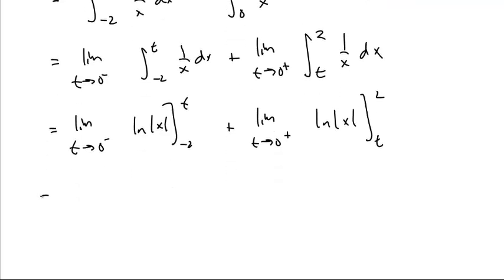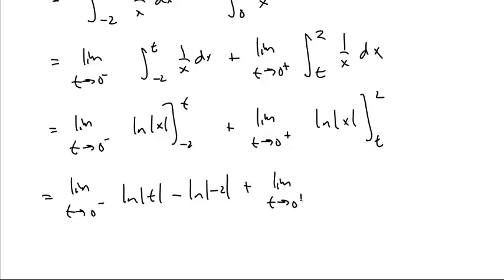And so what have we got? We got the limit as t goes to 0 from the left, natural log of absolute value of t minus natural log of absolute value of -2, plus the limit as t goes to 0 from the right, natural log of absolute value of 2 minus natural log of absolute value of t.